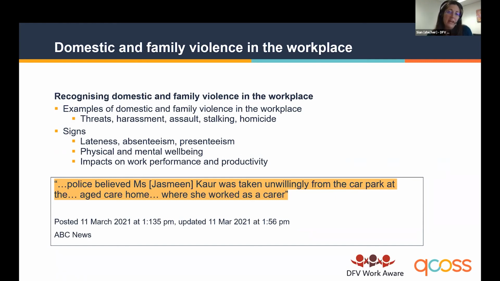There may be observable impacts on their physical health, so they may have injuries, for example, or might be trying to hide them. There may be observable impacts on their mental well-being. They may seem quite stressed, there may be some mental health concerns emerging, and they might appear teary or fearful. And there might be some excuses offered for these things that just aren't quite adding up.